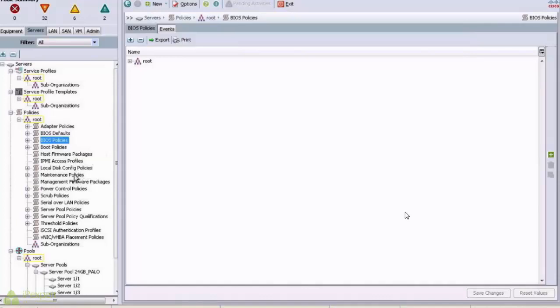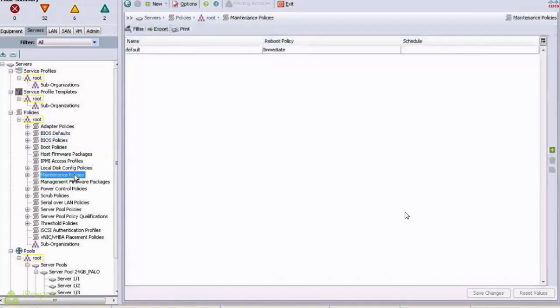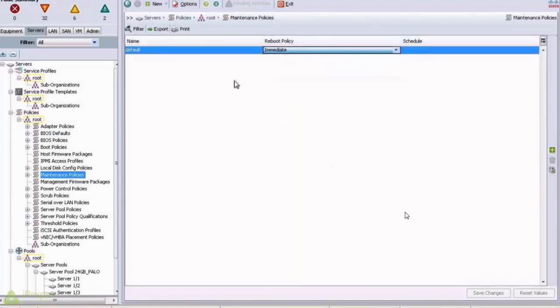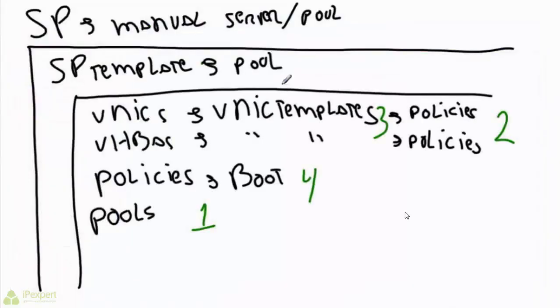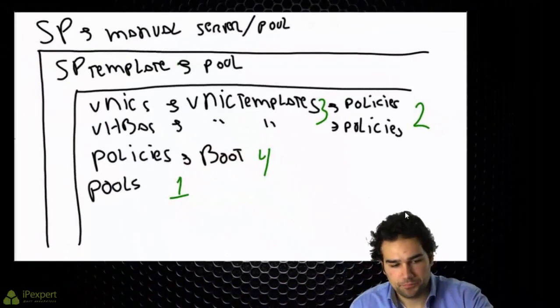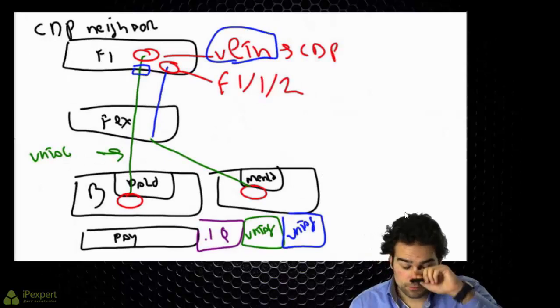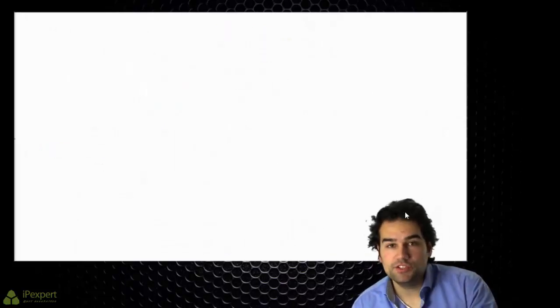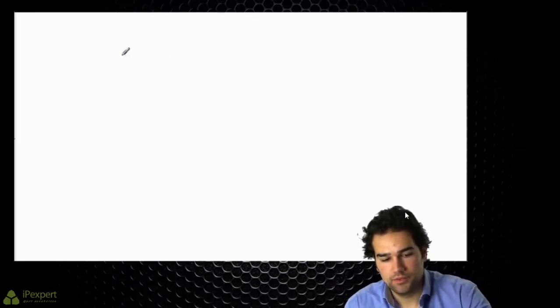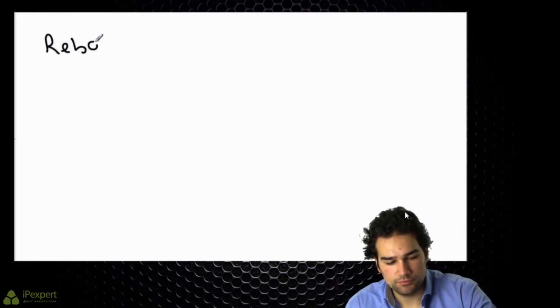Next up, maintenance policy. What is a maintenance policy? Now, there is a stupid default in the UCS system, and this has to do with how we run changes on the system. Of course, when I change things like the MAC address of a vNIC, when I change the UUID of the server, when I add another network interface card into the server, that's going to require a reboot, right?